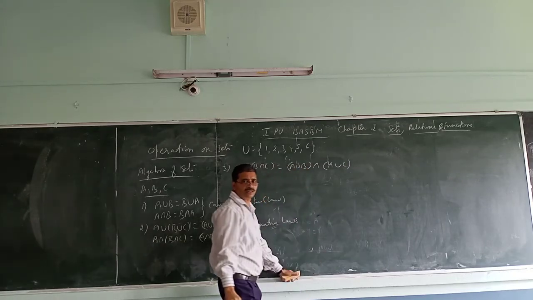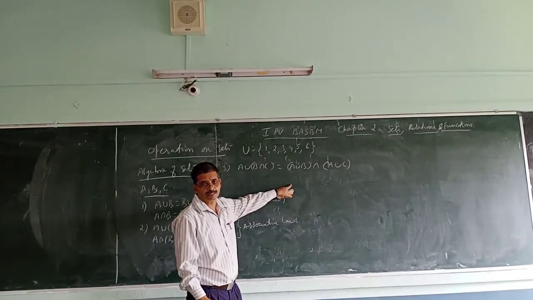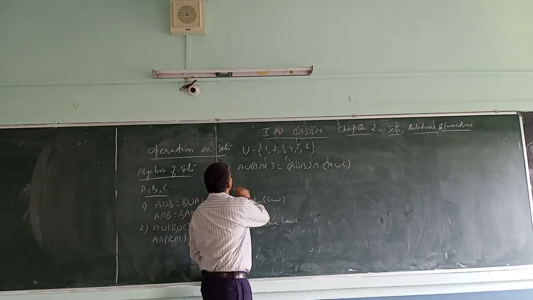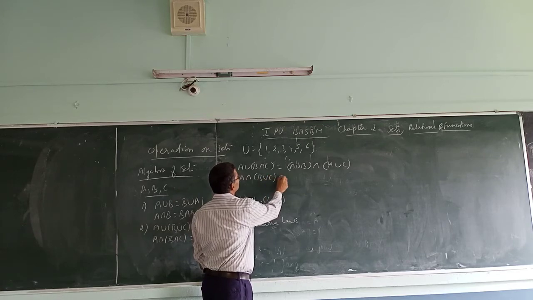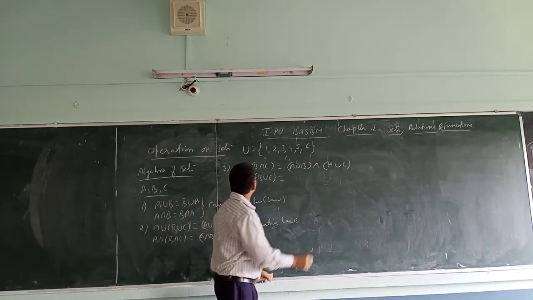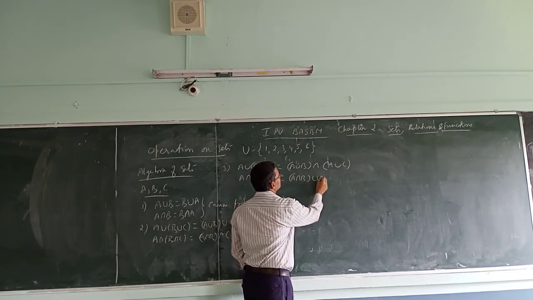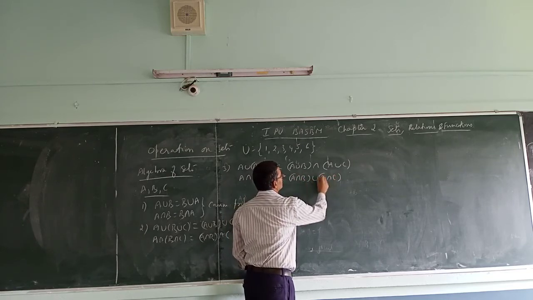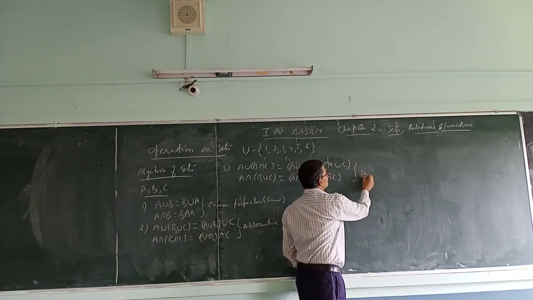What is this law called? This is called the distributive law. In the same way, the other one: A intersection (B union C) equals (A intersection B) union (A intersection C). So these two laws are called distributive laws.